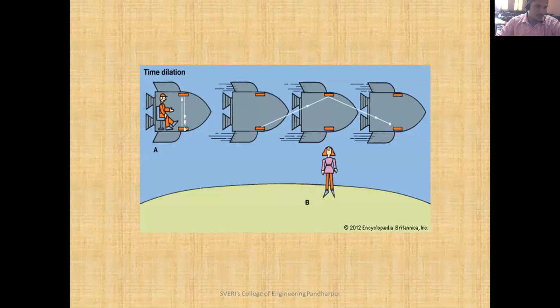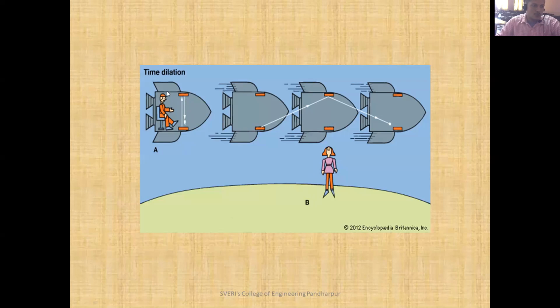Now consider two mirrors, and a light pulse reflecting from here to here. Or you can say two platforms are there and in between a ball is jumping from one point to another. You can consider different cases.